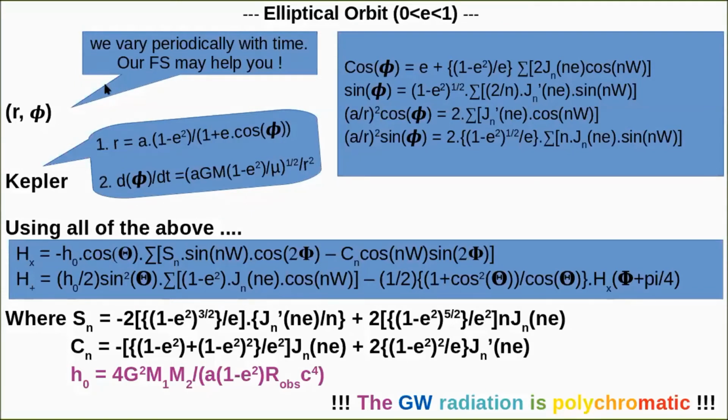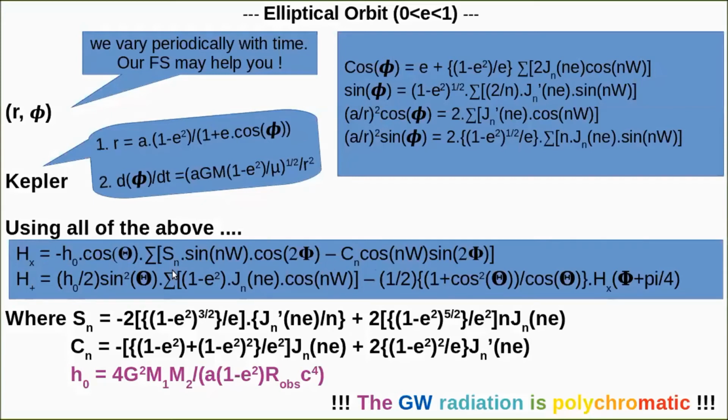So we can write them as a Fourier series with omega, using cos phi and sin phi, where the phase is omega t. Then using Kepler's laws, we get the GW waveform amplitude in the Fourier series format.